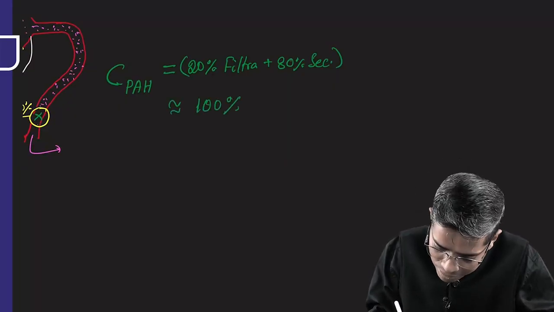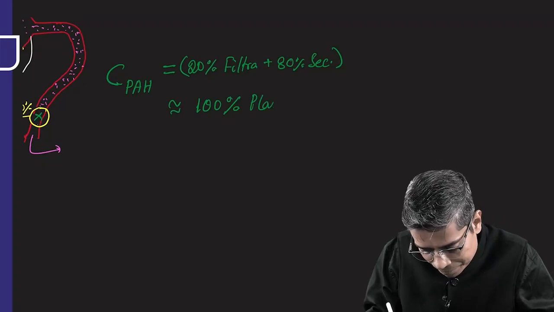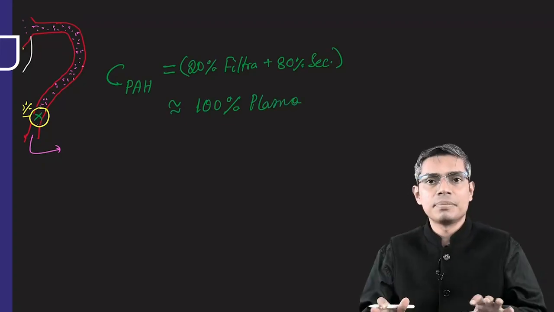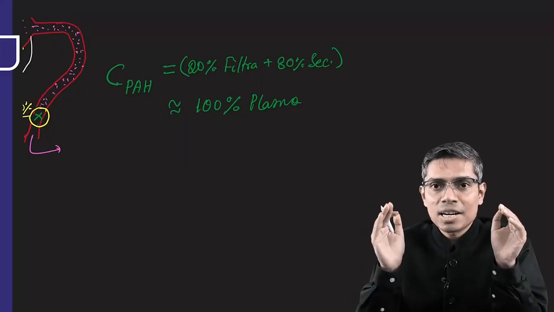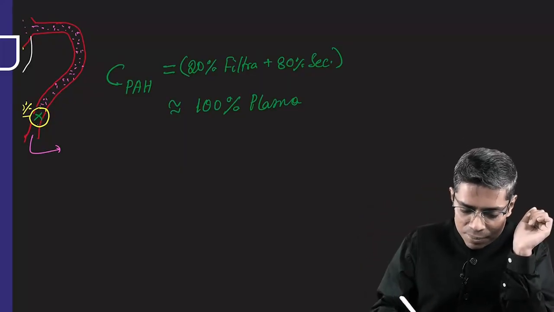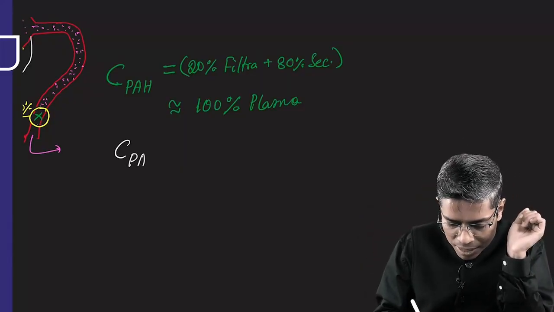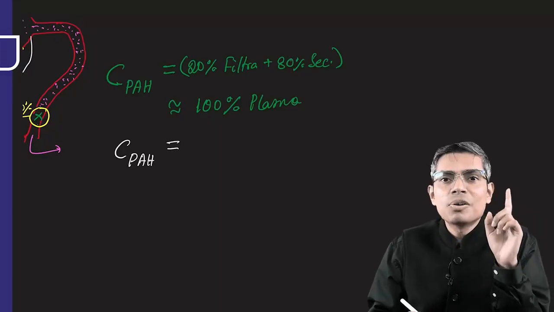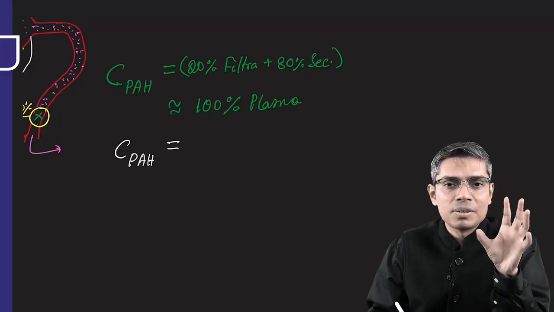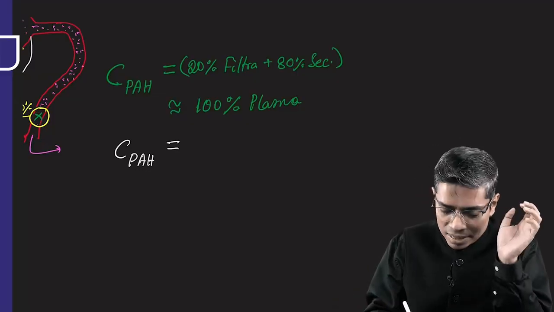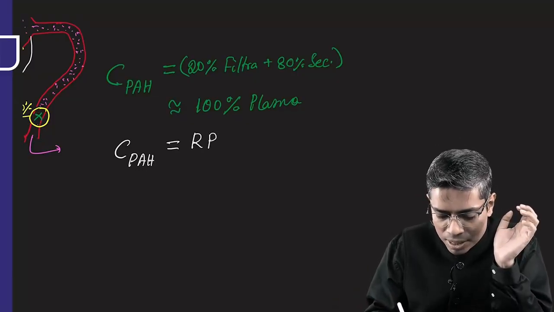Almost 100% of the plasma is getting cleared whenever you measure the clearance of PAH. That's why we say that if you measure the clearance of PAH, you get 100% of the plasma flowing through the kidney, and that 100% of plasma is nothing but renal plasma flow.